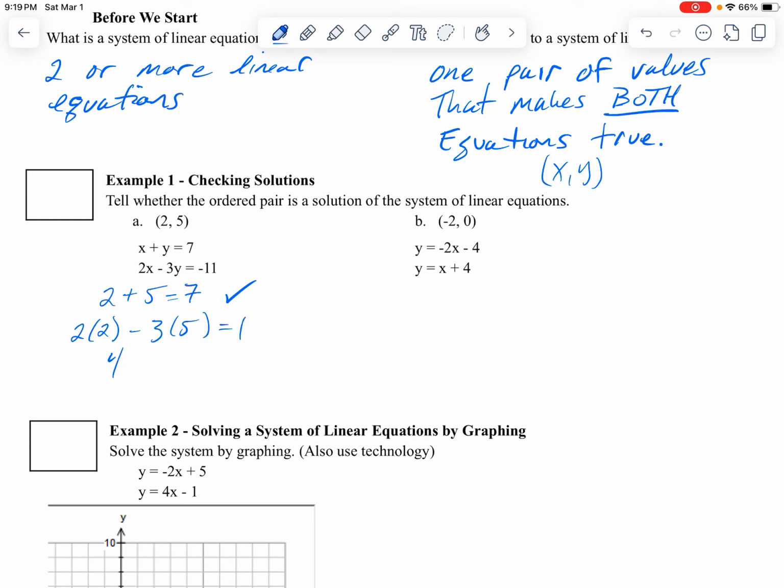So 2 times 2 is 4. Whoops, I don't know why I wrote 1 here. It should be negative 11. 3 times 5 is 15. So then is this true? 4 minus 15 is negative 11. Yes, that is also true.